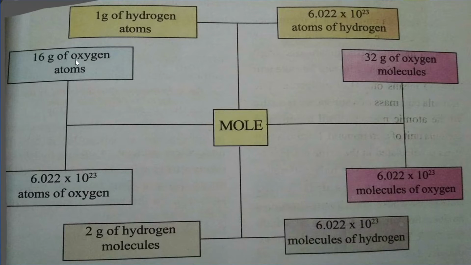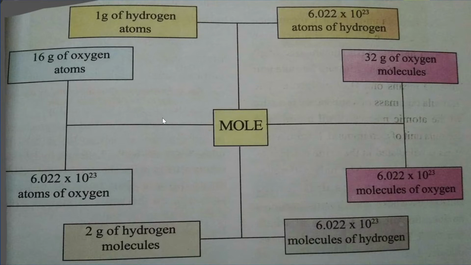So 16 grams is again equivalent to 1 mole. Similarly, oxygen molecule if we take, it has got 2 atoms of oxygen, which we represent as O2. So O2 is 2 into 16 grams, which is equal to 32 grams. This is the molecular weight of oxygen molecule. So again 32 grams of oxygen molecule will correspond to 1 mole.